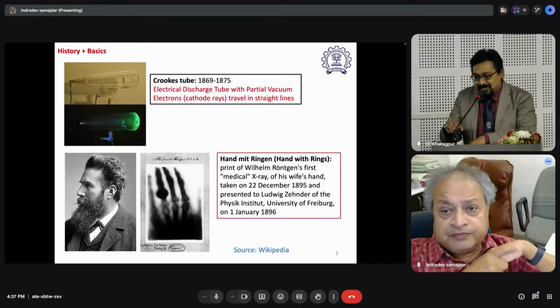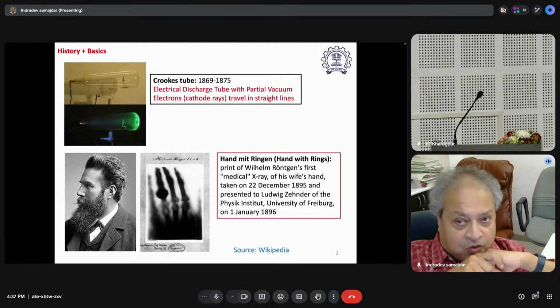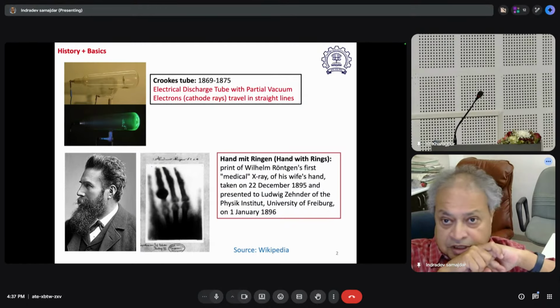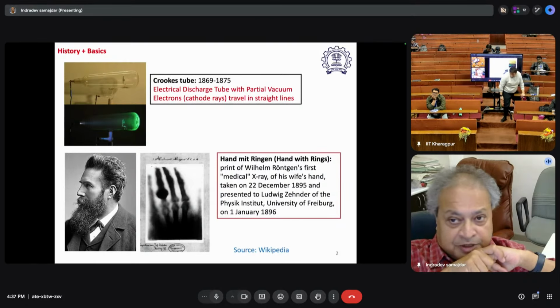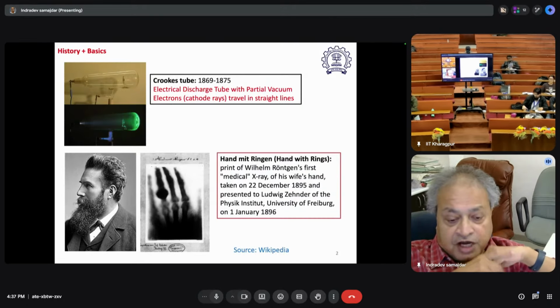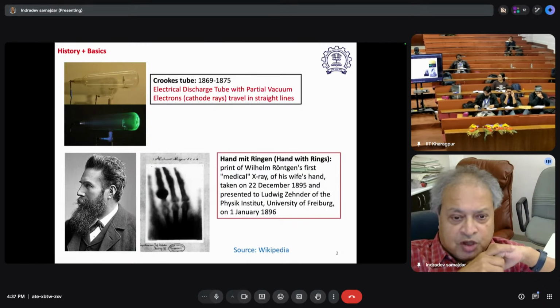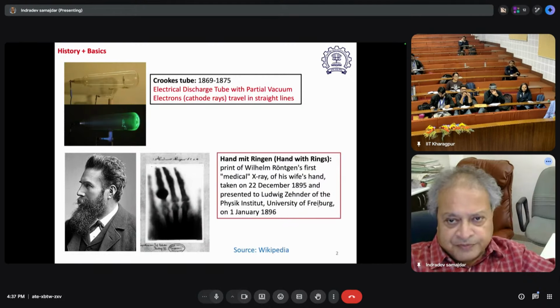So number one, those who are with a physics background, if they did not look at a Crookes tube experiment, which was popular as an advanced scientific tool from 1869 to 1875, they should take back their degree, but that's okay.